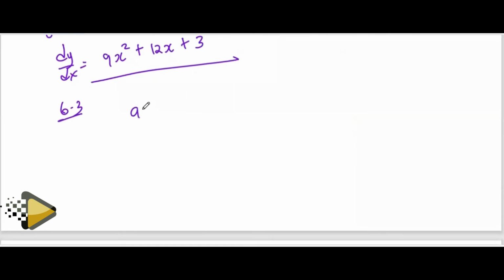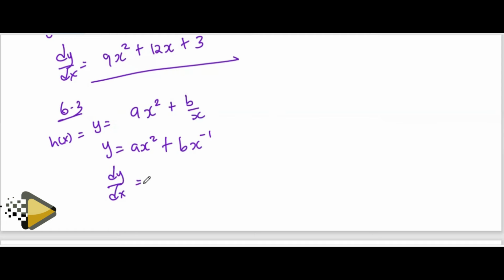Ax squared plus b over x. That is my y or my f of x. Okay, then I'll change that so that I have ax squared plus bx to the -1.